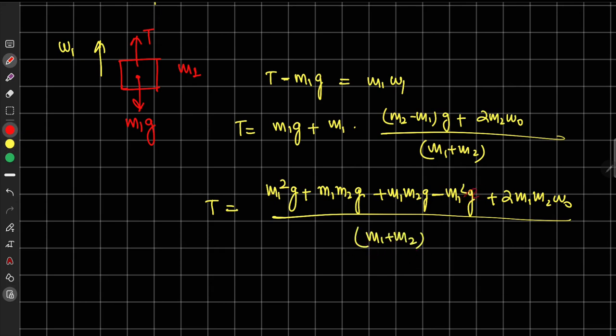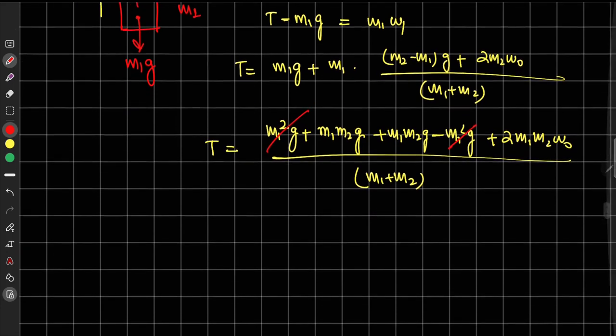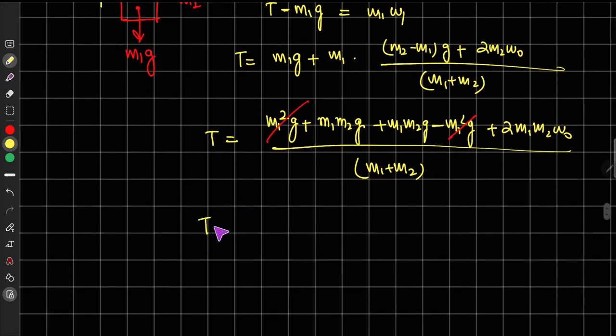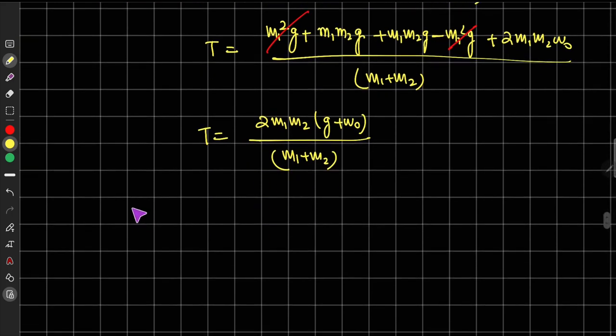Here this m1 square g will get cancelled, and we will get the tension force as 2 m1 m2 times (g plus w0) whole divided by m1 plus m2, and the ceiling force we can write as 2T is equal to 4 m1 m2 times (g plus w0) whole divided by m1 plus m2.